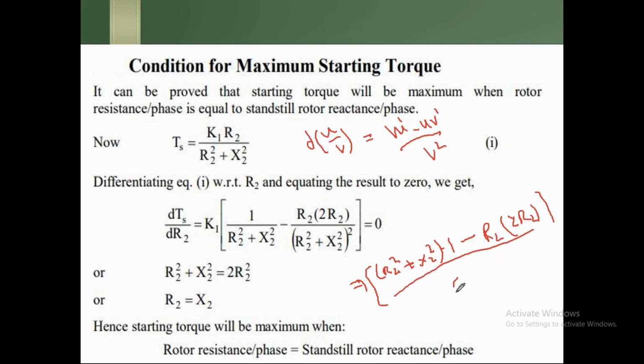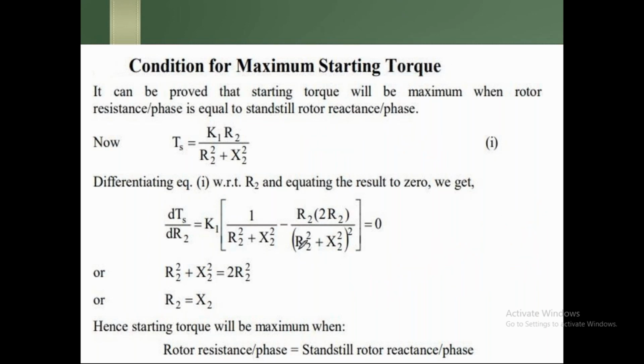Divided by R2 square plus X2 square whole square. If you take the first term, 1 square will get cancelled, then you will get 1 divided by R2 square plus X2 square minus 2R2 square divided by R2 square plus X2 square whole square equals 0. Now from this relation, what are you going to obtain?